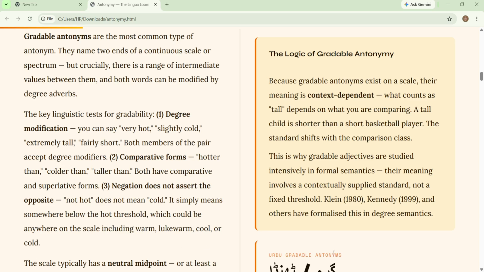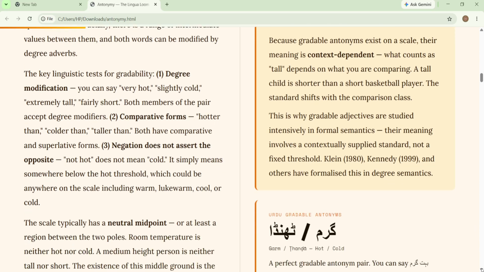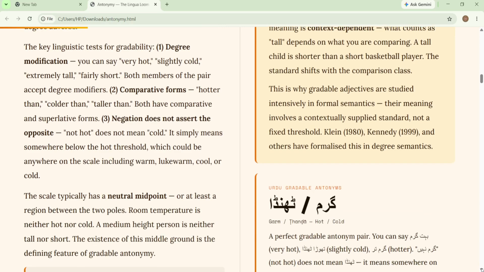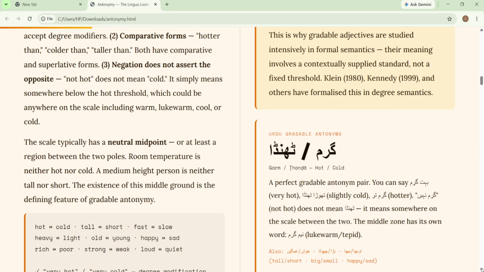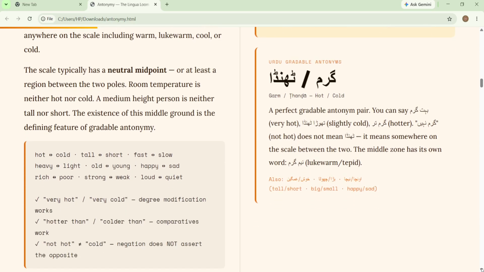It can be lukewarm, cool, just warm. So a scale typically has a neutral midpoint, or at least regions between the two poles. Room temperature is neither hot nor cold. A medium-height person is neither tall nor short.